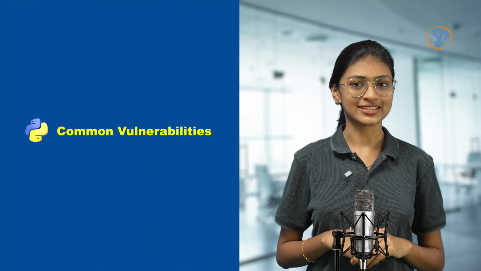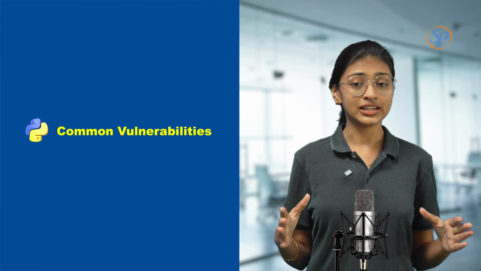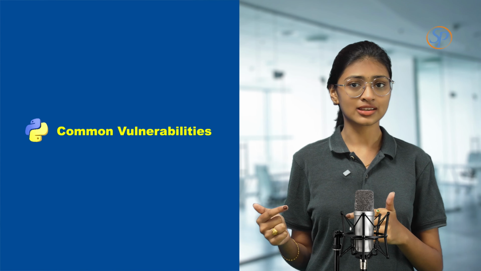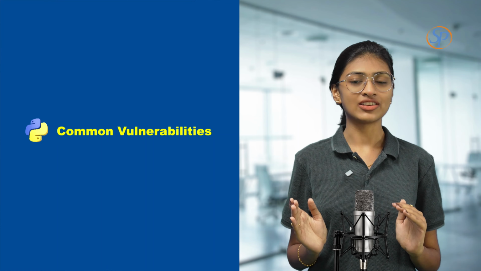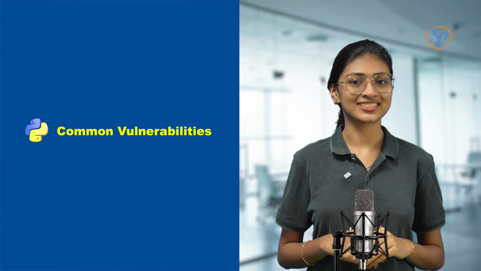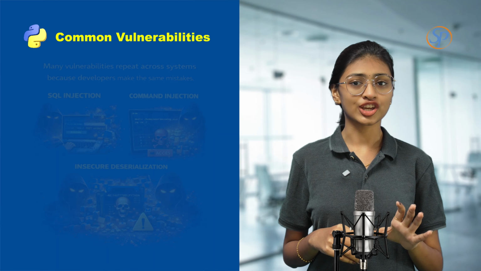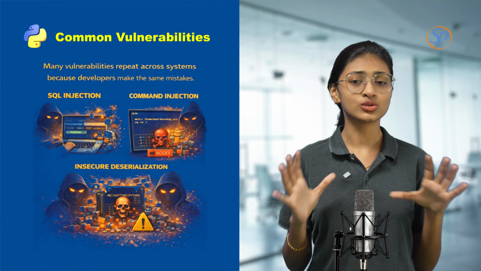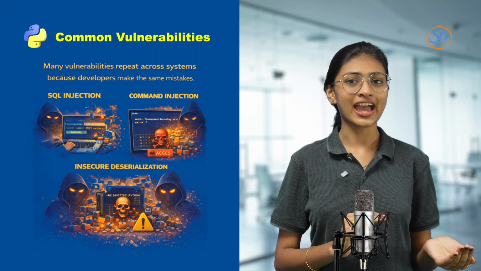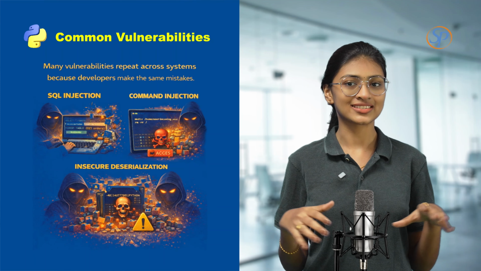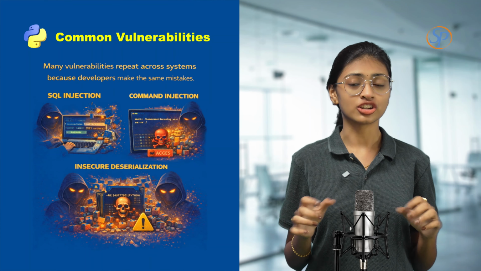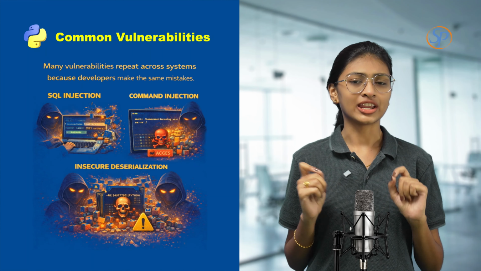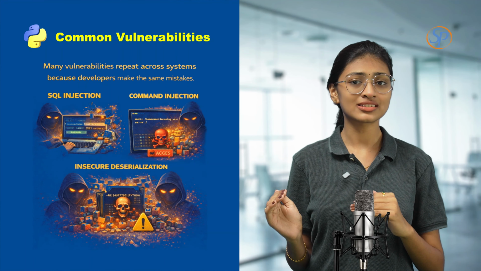Common vulnerabilities. Many vulnerabilities repeat across systems because developers make the same mistakes. SQL injection happens when user input is directly added to database queries. Command injection occurs when input is passed into system commands.